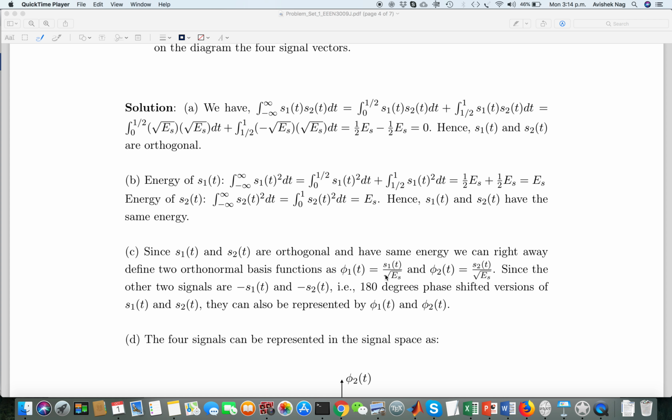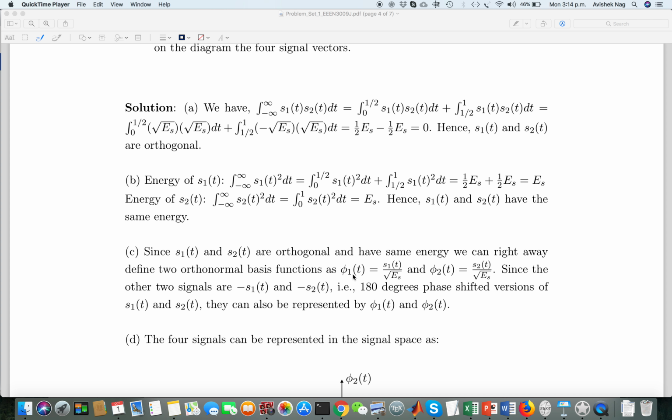So S1t square by Es, and the integral of S1t square dt will be Es. So Es divided by Es is 1, same for this, and then you show that phi 1t and phi 2t are orthonormal. So basically, if you apply a little bit of intuition, you don't have to actually use the Gram-Schmidt procedure for this.